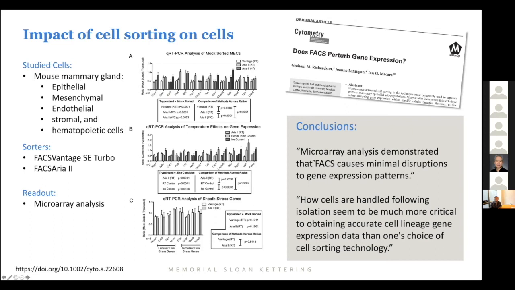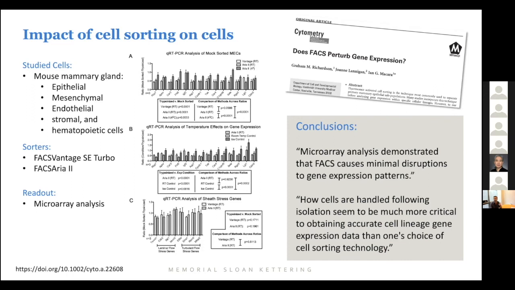The conclusion is that microarray analysis demonstrated that FACS causes minimal disruptions to gene expression, and how cells are handled following isolation seems to be much more critical to obtaining accurate cell lineage gene expression data than one's choice of cell sorting technology. Again, no impact of the sorter itself, or very minimal compared to the sample handling.